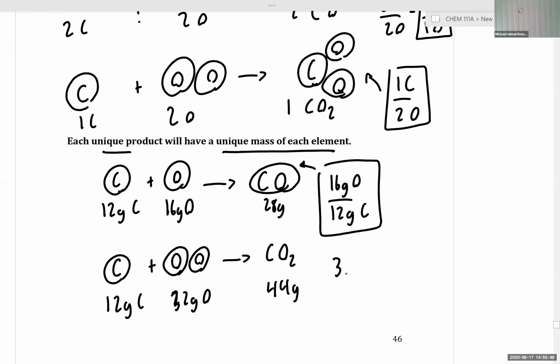In carbon dioxide, we have 32 grams of oxygen for every 12 grams of carbon. So, does everyone notice how the mass ratio, the ratio of the mass of each element that reacts, is different for these 2 compounds? The ratio of masses that react is different. Does everyone see that?